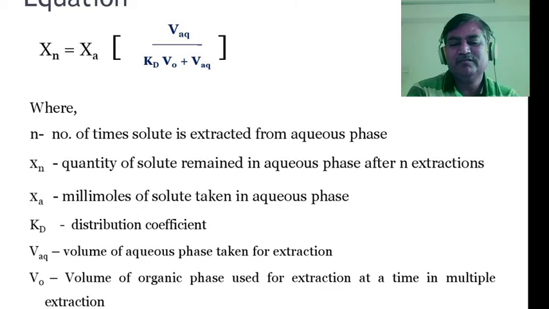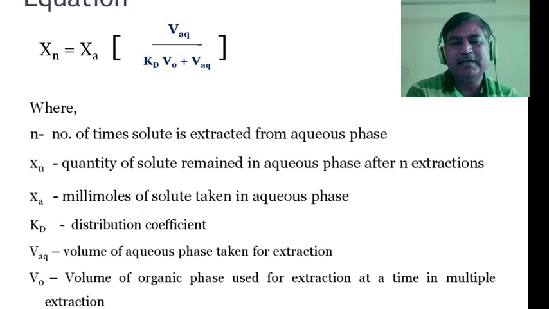That means the equation shows Xn is equal to Xa into, in the square bracket, volume of aqueous phase divided by Kd into volume of organic phase plus volume of aqueous phase.